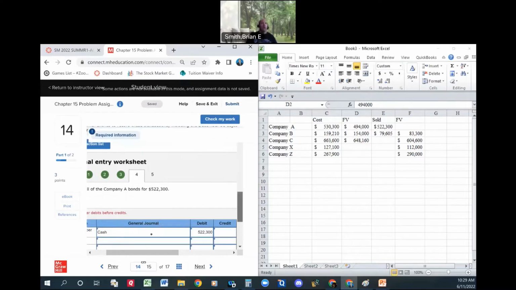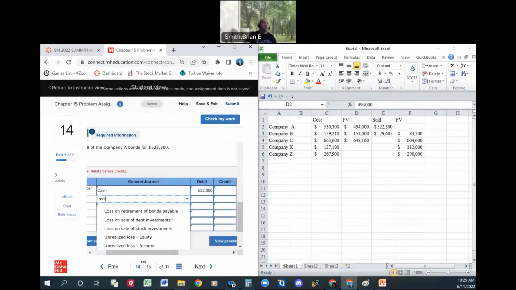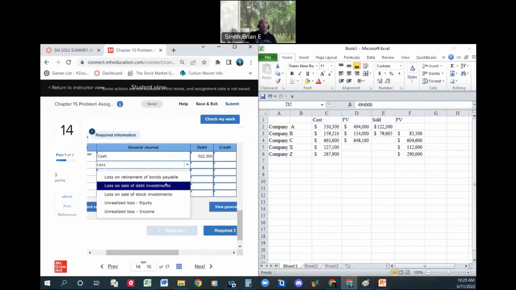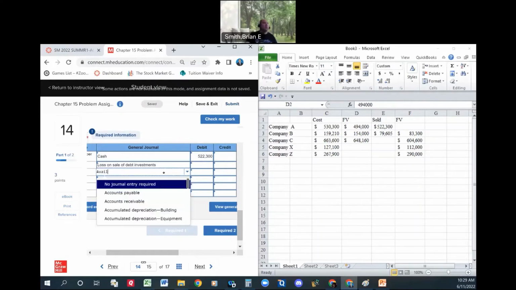So we're going to see a loss on sale of debt instruments. And we're going to come over here and we're going to put, sorry, brain fart, available for sale debt investments here.